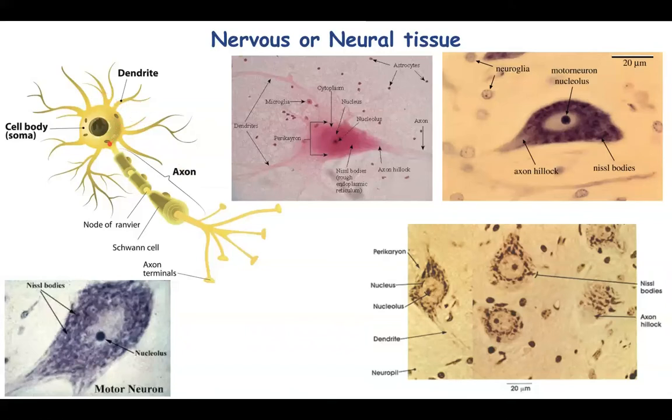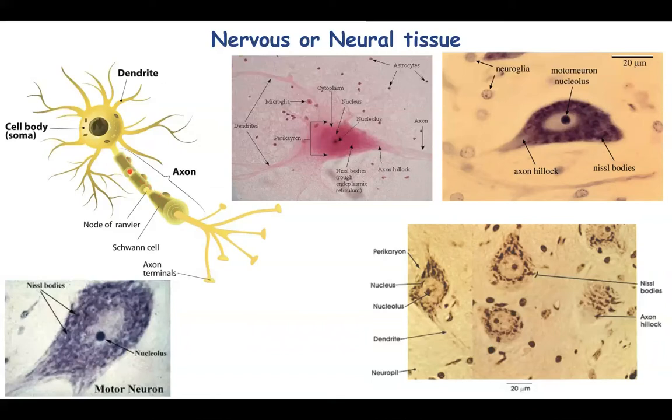One of the dendrons becomes longer in size, elongates, and is called the axon. It develops around it a layer of fatty tissue, which is called the myelin sheath. And around the myelin sheath, it has an insulating layer called the neurolemma.